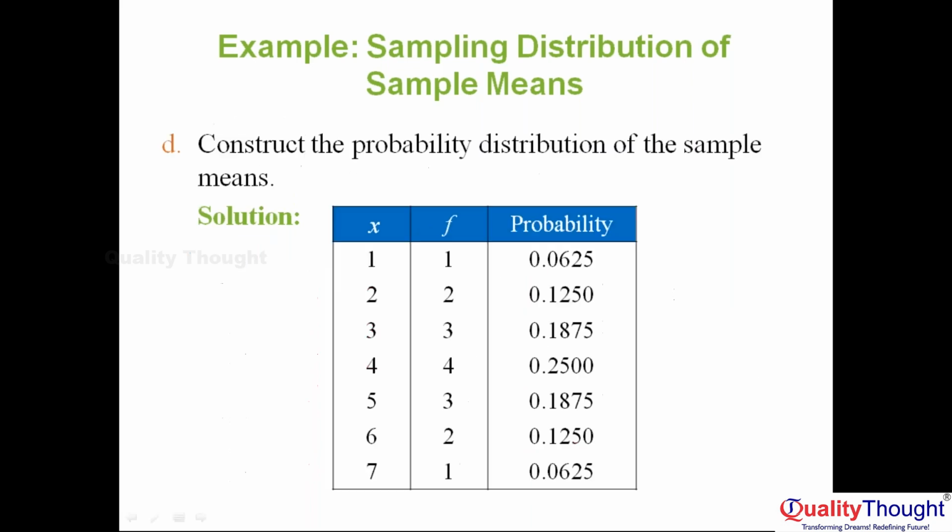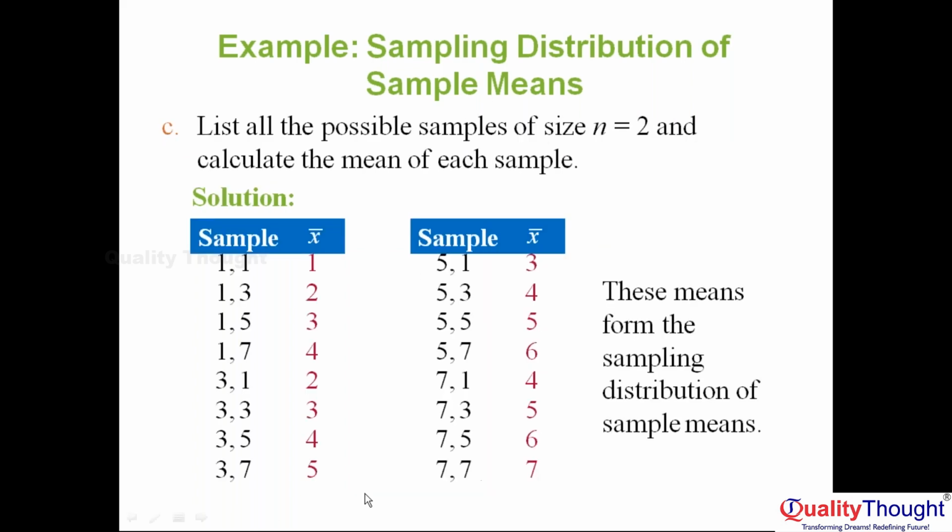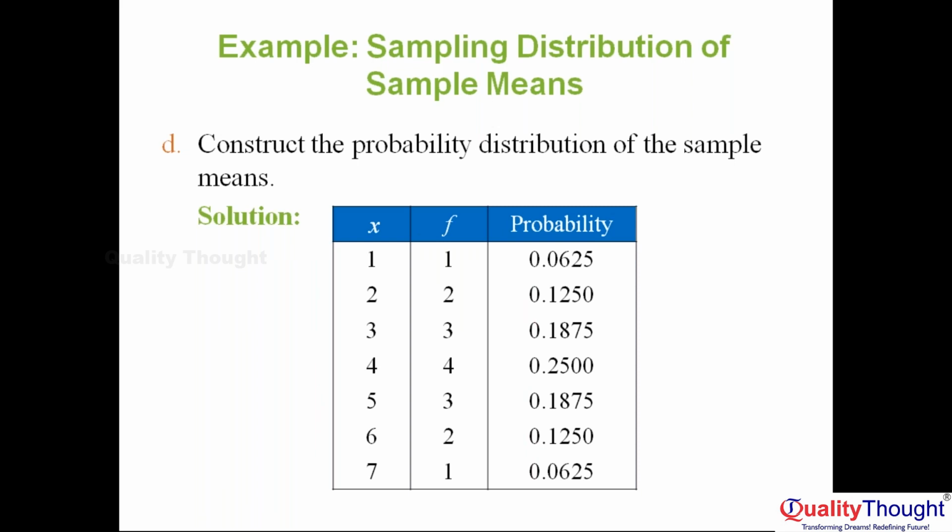And how many times does each mean value occur? I have got 4 several times, and 7 one time. Something like this.